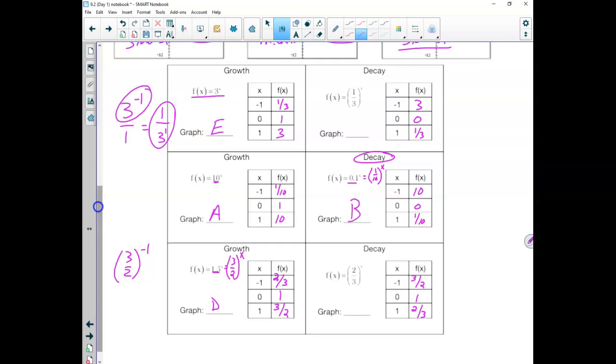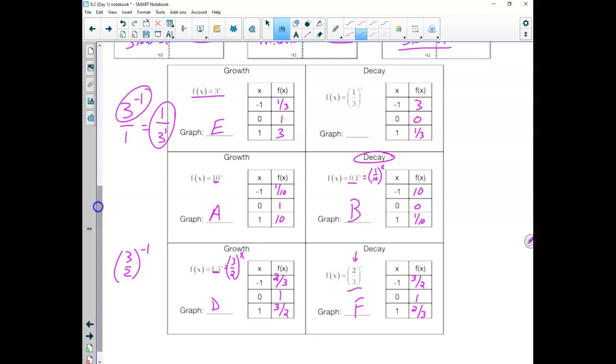And then which one's the least decaying? Well, that's going to be kind of in the 2/3, because that's closer. That's bigger. It's a lot bigger. It's the biggest base, therefore it's the slowest decay, which is F.